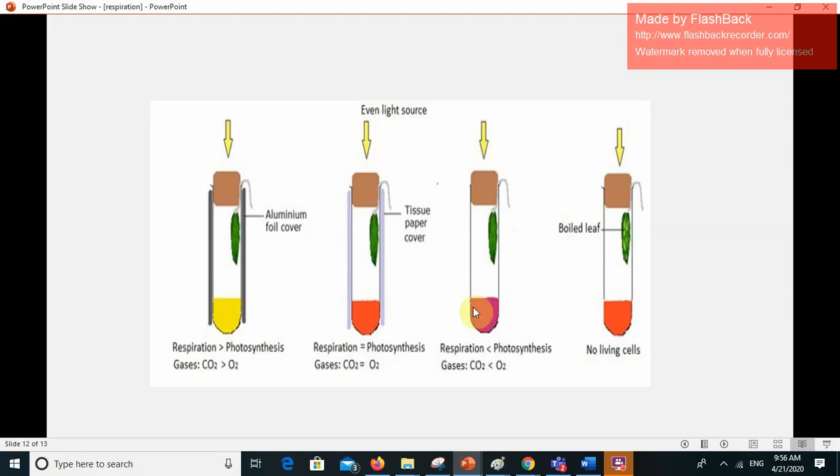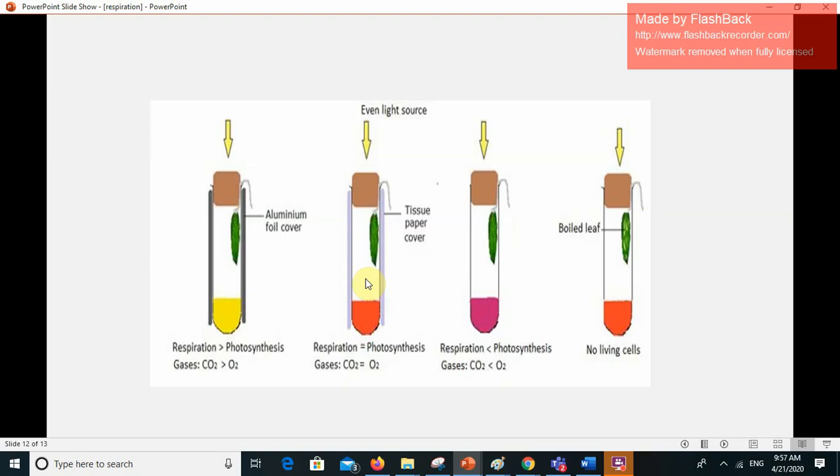Here, the respiration equals photosynthesis. We have tissue paper. It prevents a little bit of the light from getting in, but lets some pass through. So as you see here, respiration equals photosynthesis. In this case, we have the hydrogen carbonate indicator red, the original color of it.